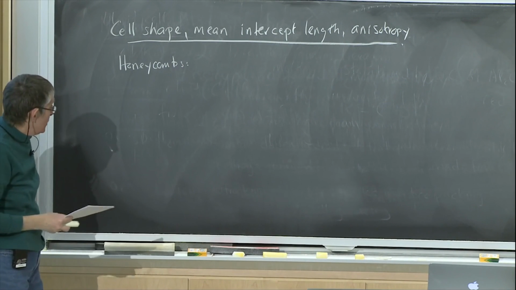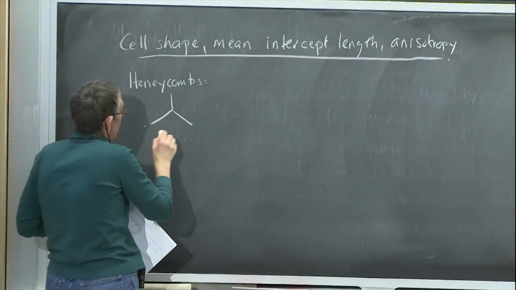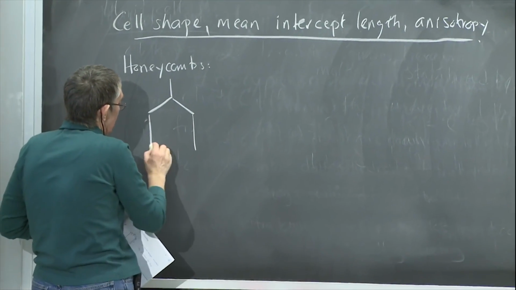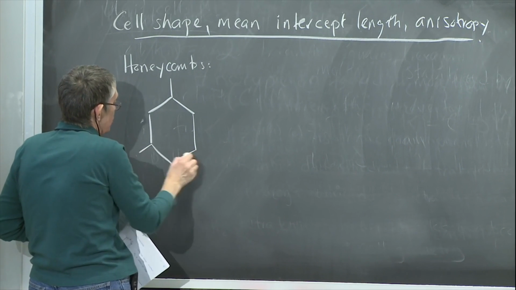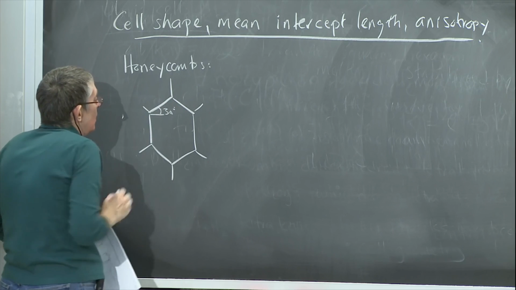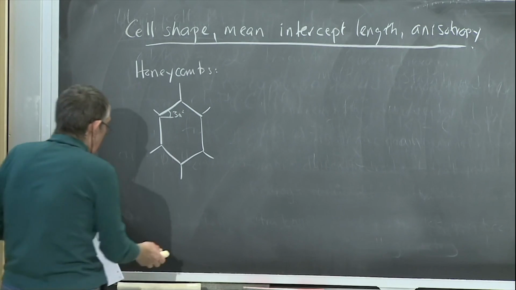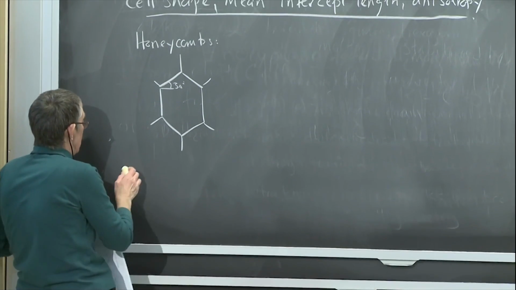All right, so if we think about cell shape, if we start with honeycombs and we just think about hexagonal honeycombs, if I have a regular hexagonal honeycomb so that all the edges are the same length, and this angle here is 30 degrees, then that is an isotropic material in the plane in the linear elastic regime.